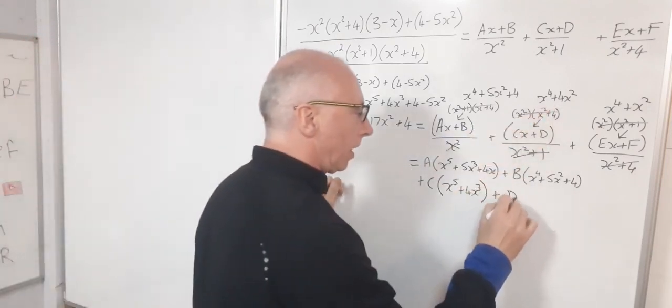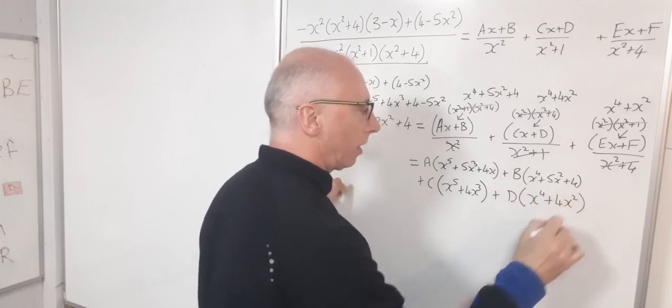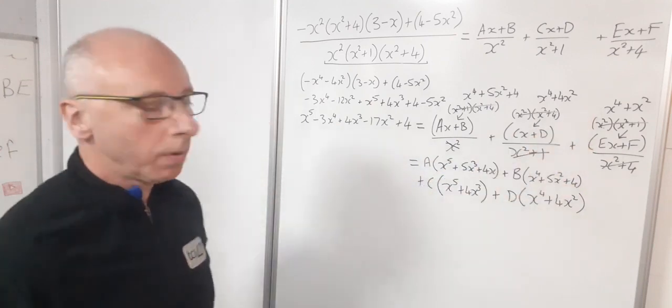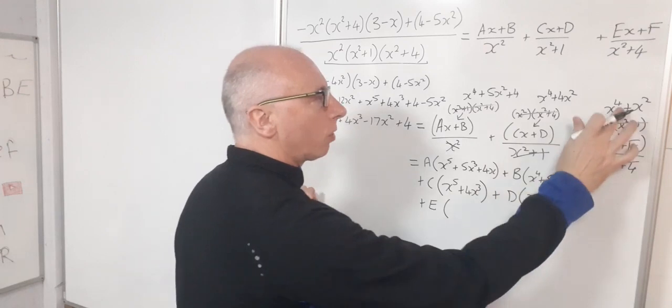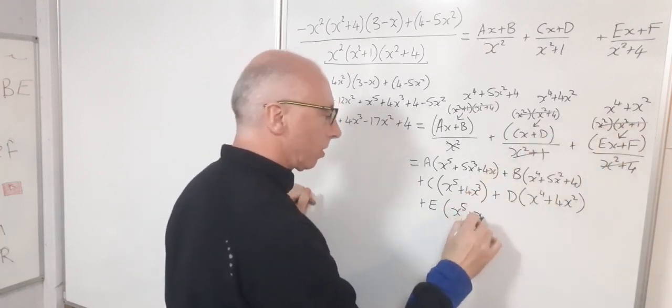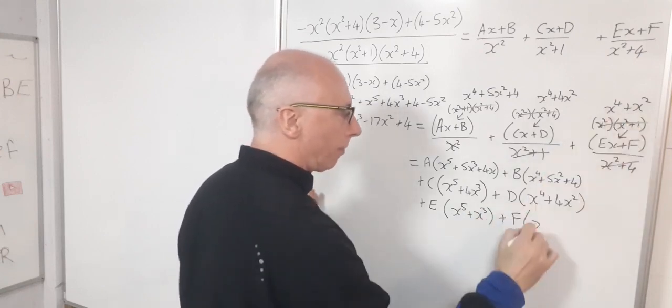So I now add d times x to the 4 plus 4x squared. So that's all that taken care of. And now this one with this one. So again, I'll do the e, multiply all this by x, which gives me x to the 5 plus x cubed. And then my f just with that one.